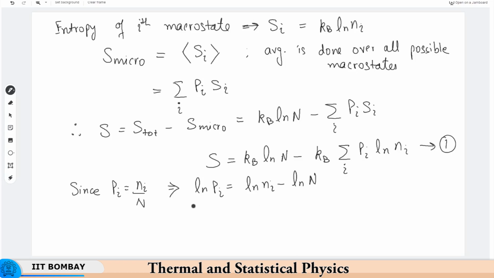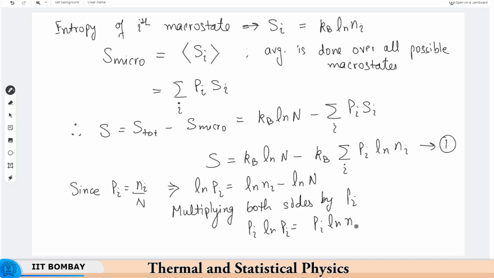If we multiply both sides by Pi, we get Pi log Pi equals Pi log ni minus Pi times log n. Remember what we are after? We are after this quantity, summation over Pi log Ni. So, next step naturally we will take the sum over i.